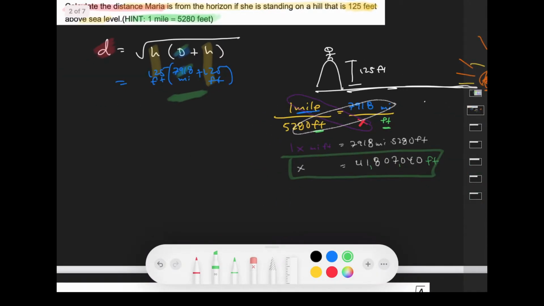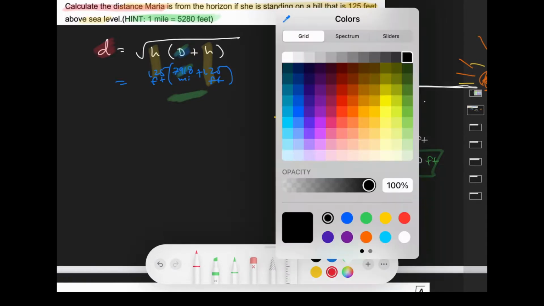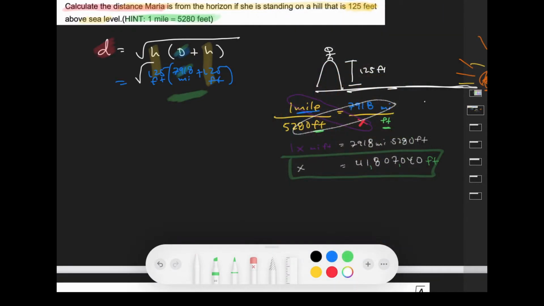Okay, so let's get all that in there. Remember, don't forget the square root, just like I did. Don't do that. Okay, we're going to take that number, 41,807,040 plus 125.